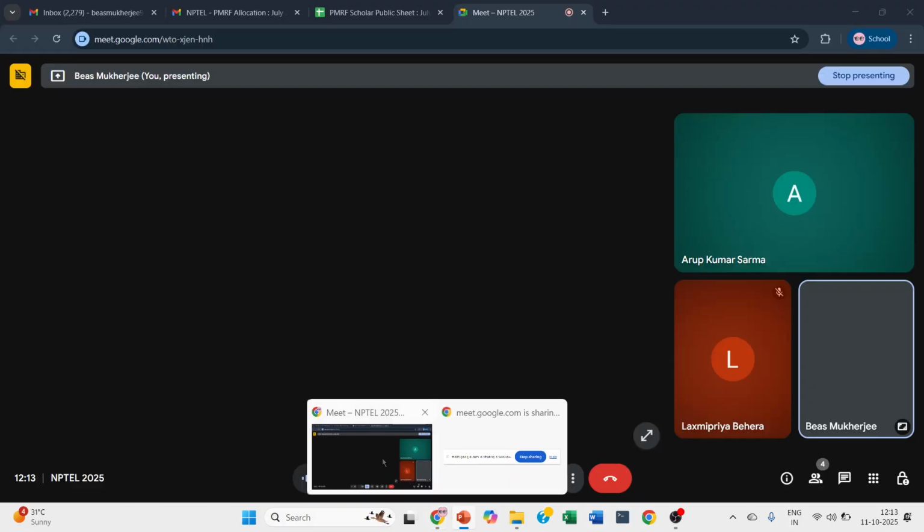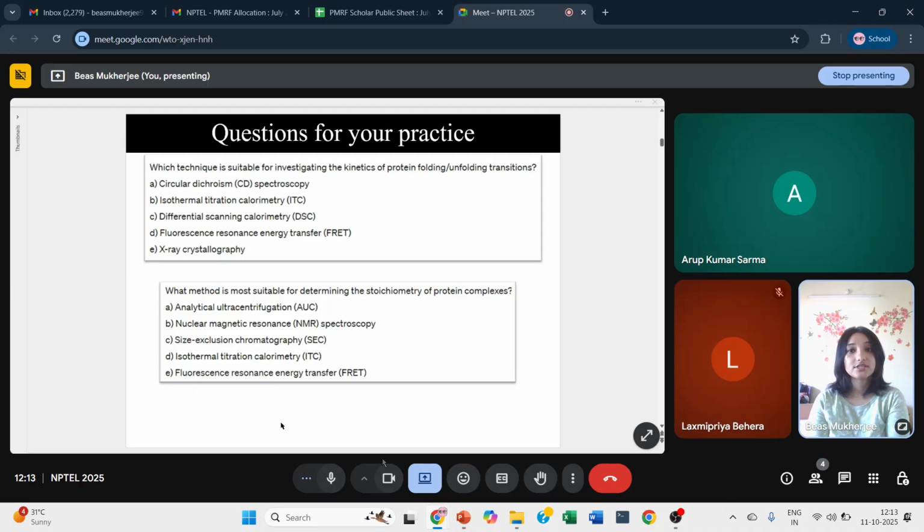Now we'll try to solve some very simple questions. These might already have been there in your previous slides. You can type in the chat box whatever you think is the right answer. The question is, which technique is suitable for investigating the kinetics of protein folding and unfolding transitions?